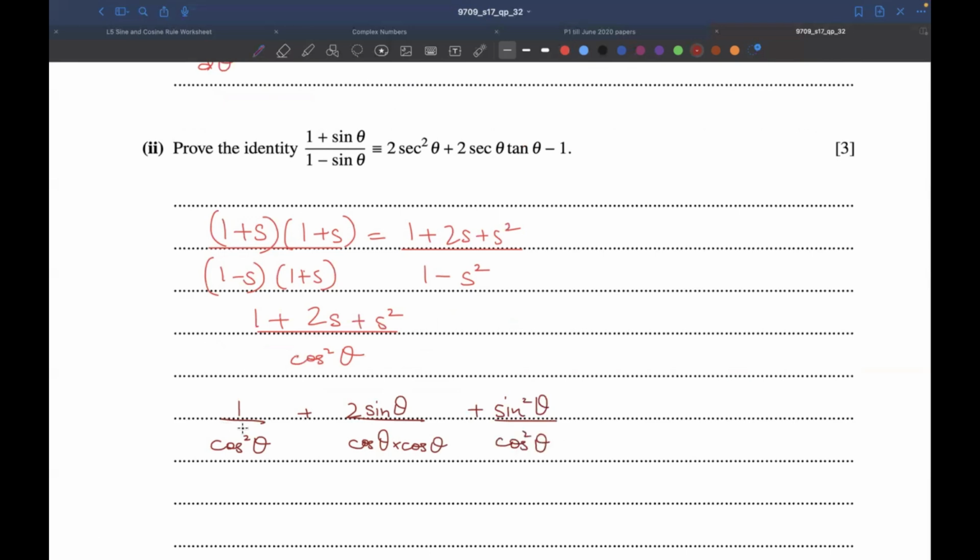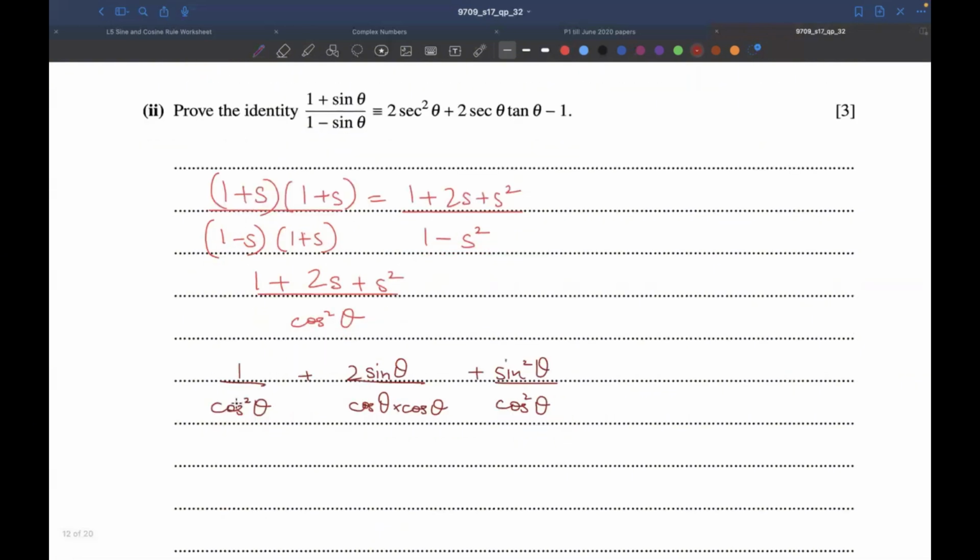So 1 upon cos square should become sec square theta, plus sine theta upon cos theta is tan theta, and 1 upon cos theta is sec theta, as we did earlier. So this will become 2 sec theta tan theta, and this will become plus 1.